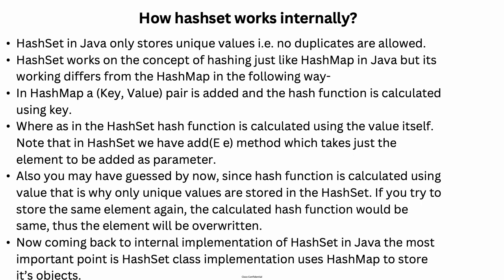In HashSet, we have the add method, which takes just the element to be added as a parameter. Since the hash function is calculated using the value, only unique values are stored in the HashSet. If you try to store the same element again, the calculated hash would be the same, and thus the element will be overwritten.